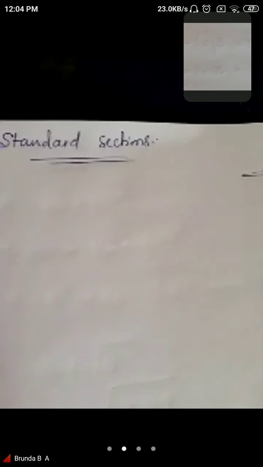Same like that, for canals also there are some standard sections. About those standard sections, we will study in the next class.